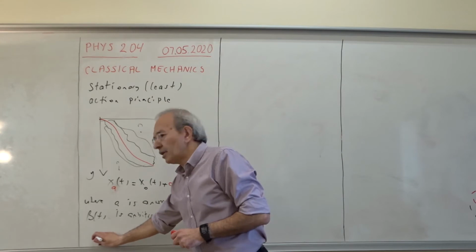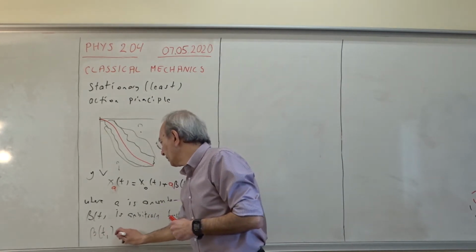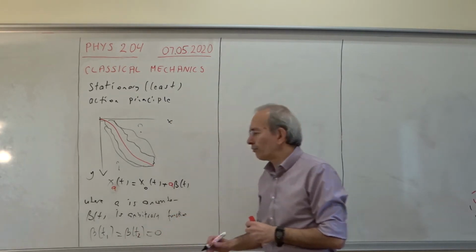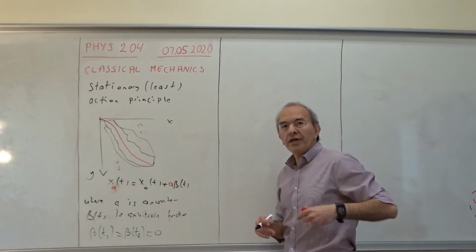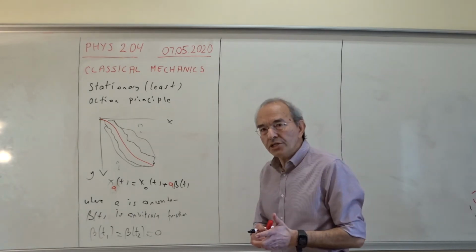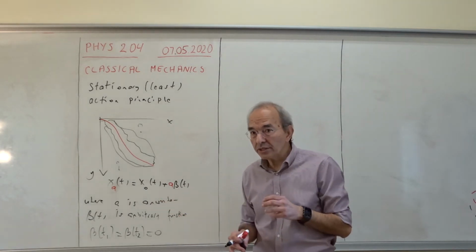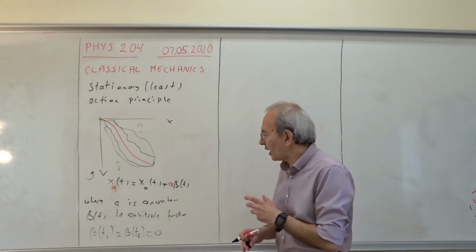So we also know the boundary conditions for beta: beta of t1 and beta of t2 are both 0. And we want to find the change of S as a function of a, because this is a number we can change. Assume we can play with this a.